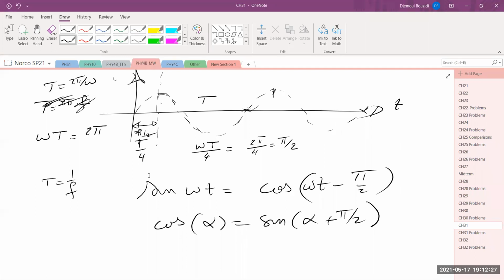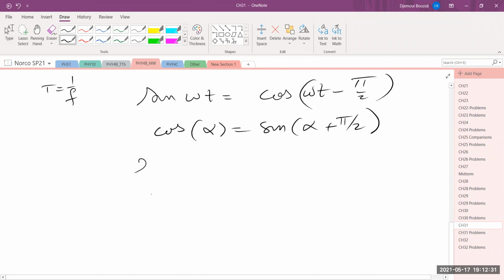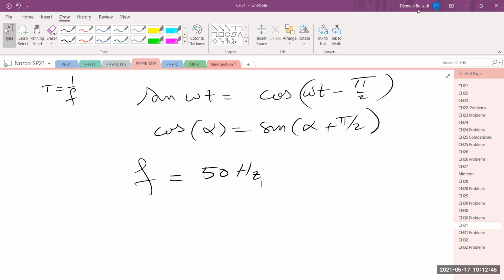For example, in the United States, the frequency f is equal to 50 Hertz. Is it 50 Hertz? Did I get my numbers correct now? Or is it 60 Hertz? Oh man. One of them uses 50 Hertz, the other one 60 Hertz.